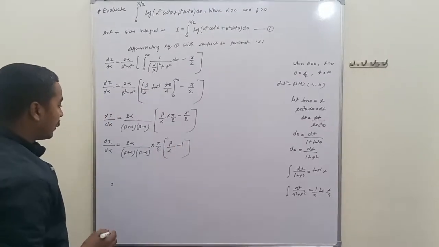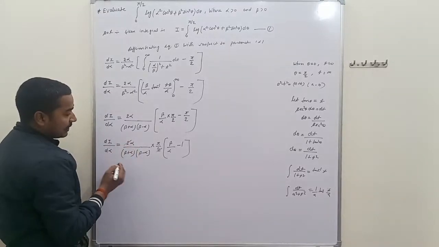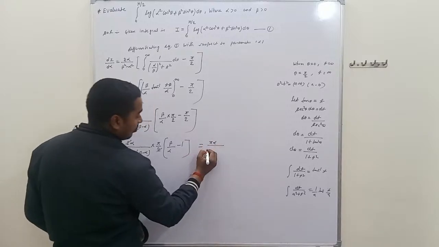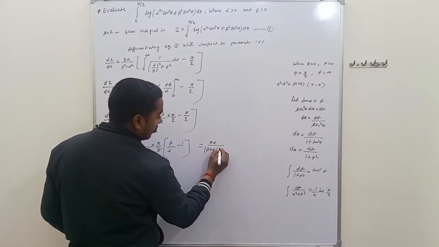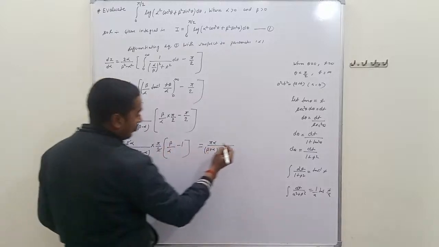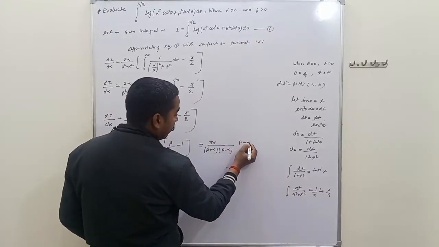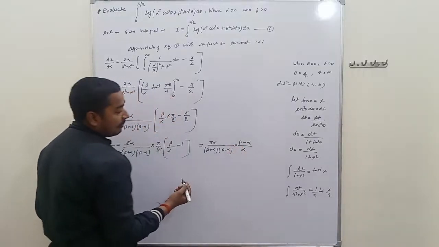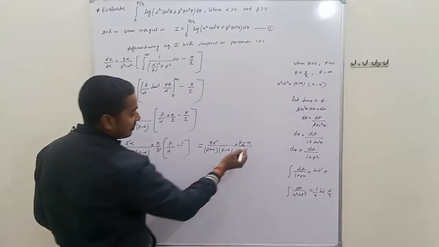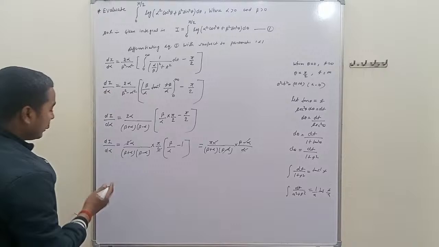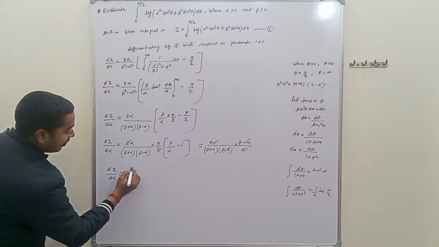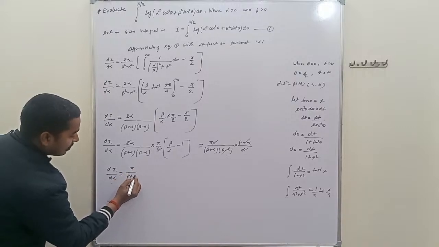And further we can cancel the terms, 2 to 2 is cancelled out, and the remaining is pi alpha upon beta plus alpha and beta minus alpha, and we take LCM in the bracket, we get beta minus alpha upon alpha, and from here alpha to alpha is cancelled out, and alpha to alpha is cancelled out, and beta minus alpha to beta minus alpha is cancelled out, and the remaining is dI upon d alpha is equal to pi upon beta plus alpha.